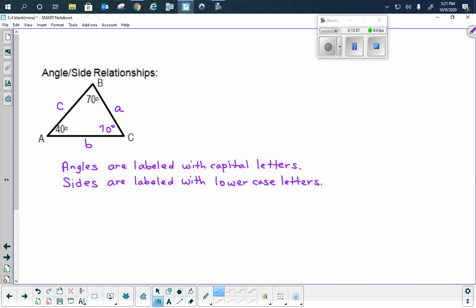You need to recognize our relationship, which says that the longest side is across from the largest angle.